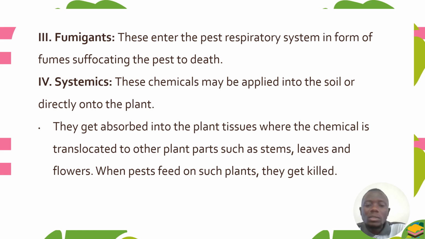When pests feed on such plants, they get killed. In other words, these chemicals go into the system of the plant, and when the pests feed on these plants, the pest will die because the plant is now contaminated with the pesticides.